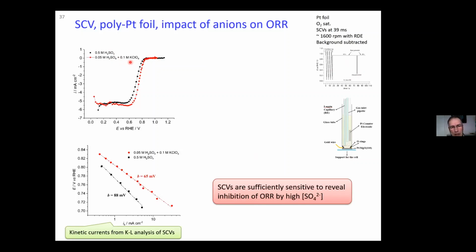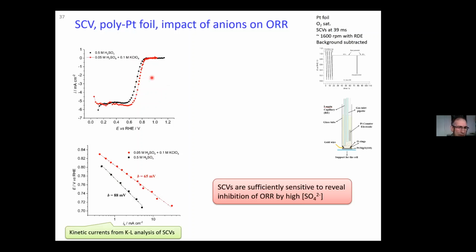In black, sample current voltammograms with 0.5 molar sulfuric acid, and in red, 50 millimolar sulfuric acid and 0.1 molar potassium perchlorate. The idea was to see whether the sample current voltammograms had sufficient sensitivity to detect the impact of the anions on the oxygen reduction reaction. When she analyzed first what you see on the sample current voltammogram, the wave recorded in the presence of perchlorate occurs at more positive potentials than the one obtained in sulfuric acid.